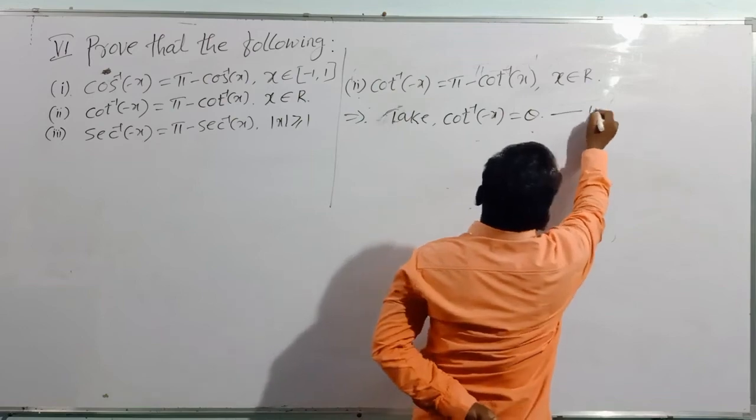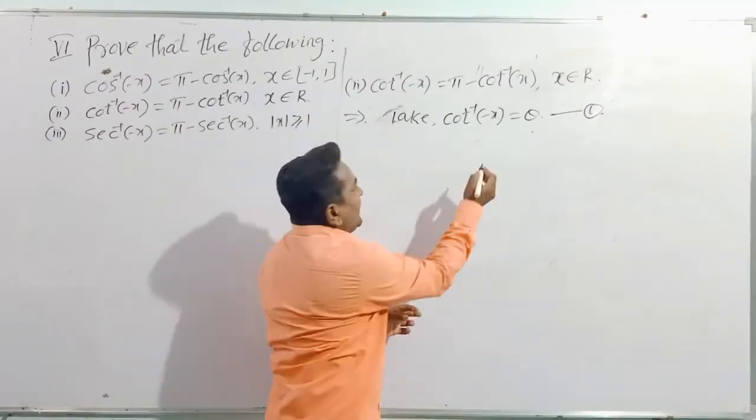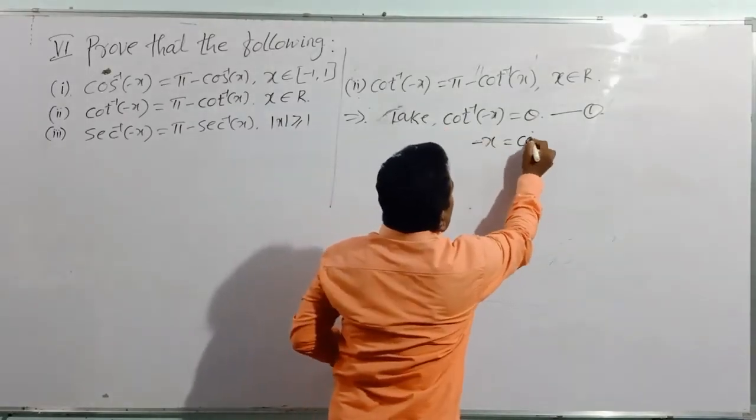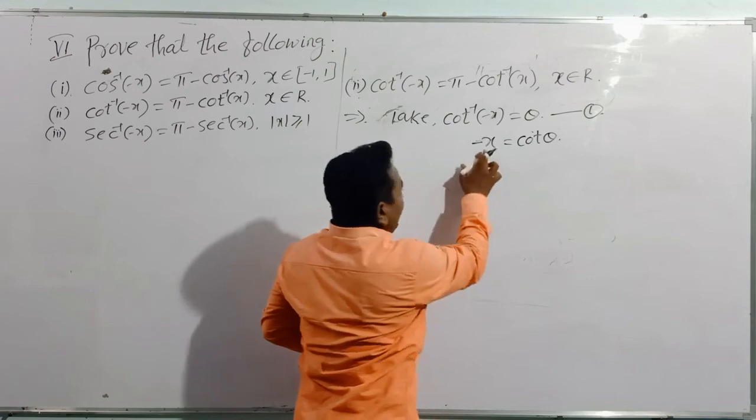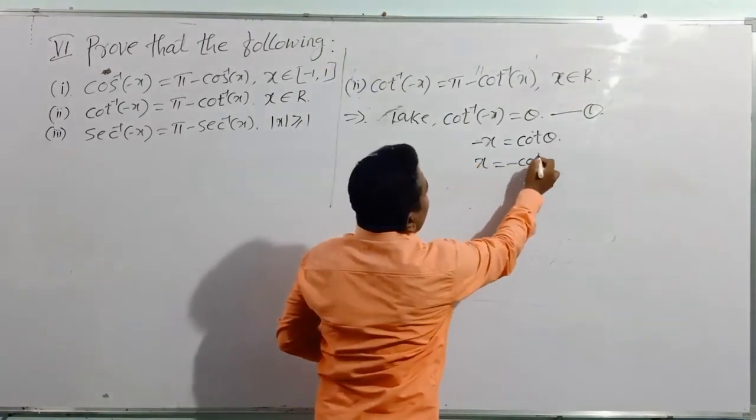Take it as equation number 1. Again, keep minus x as it is, and this cot inverse moves to the right-hand side and becomes cot theta. If minus x equals cot theta, then x equals minus cot theta.